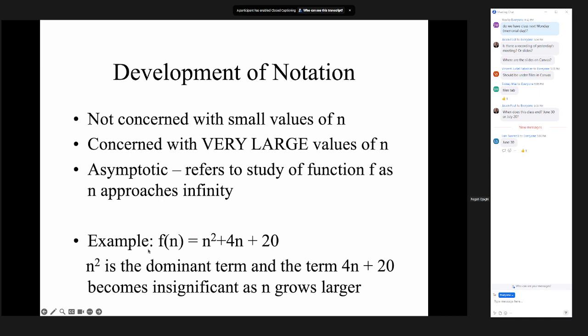So at the end of the day, asymptotically, the runtime is going to be n squared. I don't care about these values.